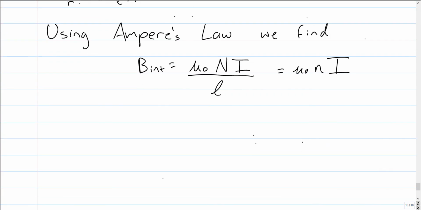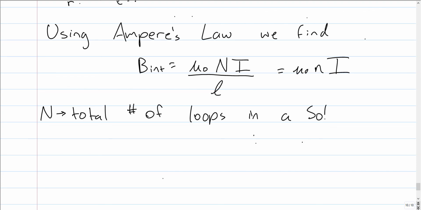Let's make sure we understand that big N is the total number of loops in a solenoid, while little n is more like the number density. And so it's basically the number of loops per unit length.